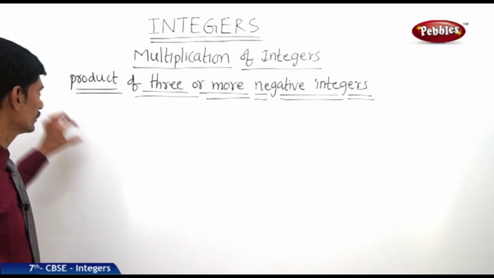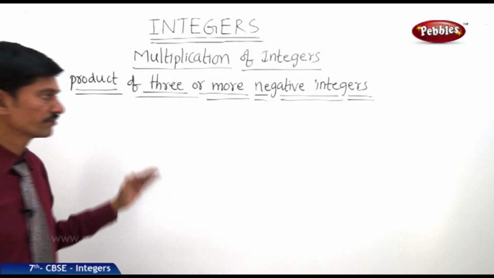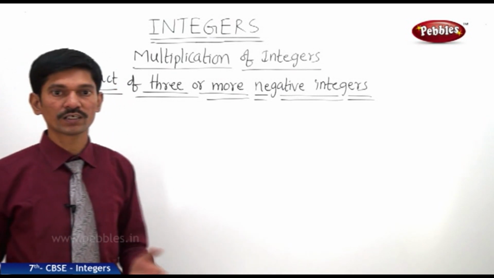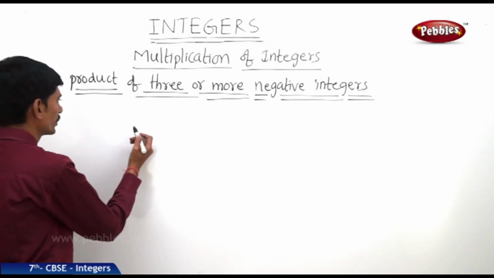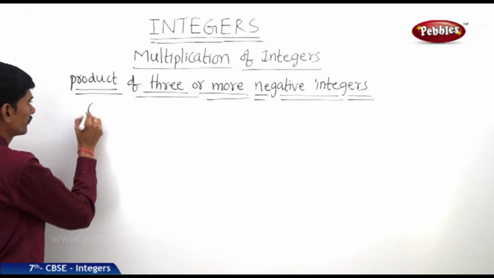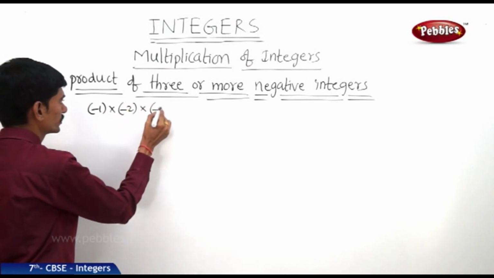Now let us see the next one, the product of 3 or more negative integers. If 3 or more negative integers are multiplied, then what is the sign of the product? First we will take 3 negative integers, like minus 1 into minus 2 into minus 3.